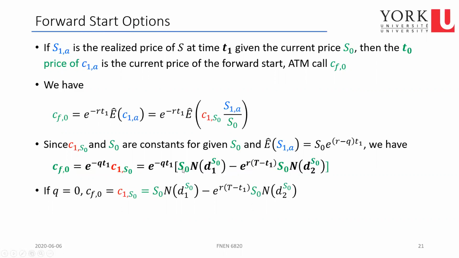And if we have the dividend yield being 0, say the stock doesn't pay any dividends, then we will see that the forward starting call would just be the same as a call with the realized price at T1 equal to S naught.